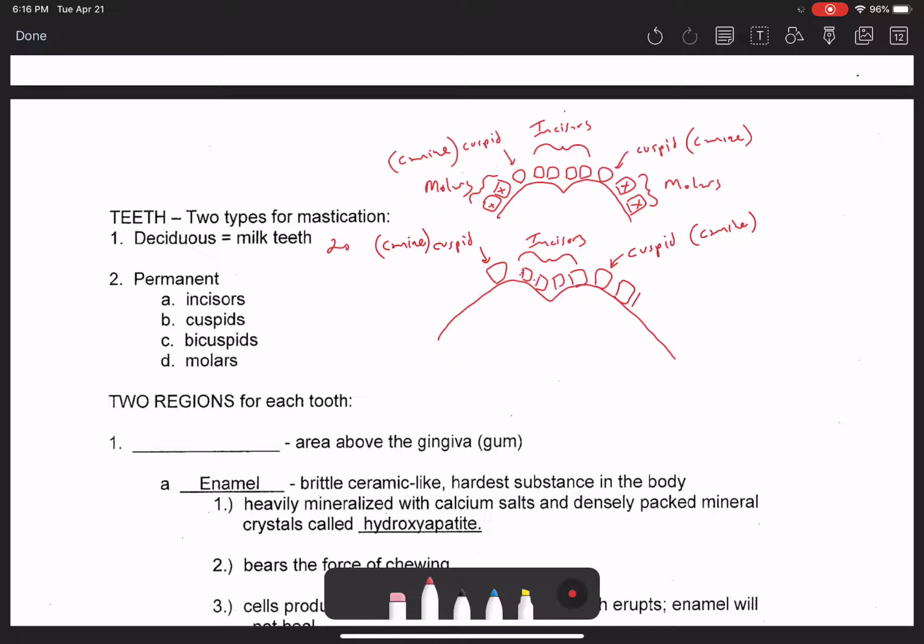So this is a new type of tooth that you don't see as part of your deciduous teeth. I almost said you don't see in childhood because obviously you do have the permanent teeth in childhood. It's just that during childhood you start with your deciduous teeth, and then as you lose those deciduous teeth, they are replaced with your permanent teeth, which you keep for the rest of your life. So again, we have these bicuspid teeth, 2 of them on either side, lateral to the cuspids.